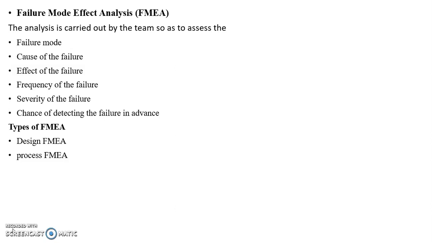Process FMEA, sometimes also called PFMEA, is used to identify the failures caused by the weakness in the process, such as transaction, assembly or production process. It is typically conducted during the improvement process. During the process FMEA, it is verified that the product meets the intent of the design.